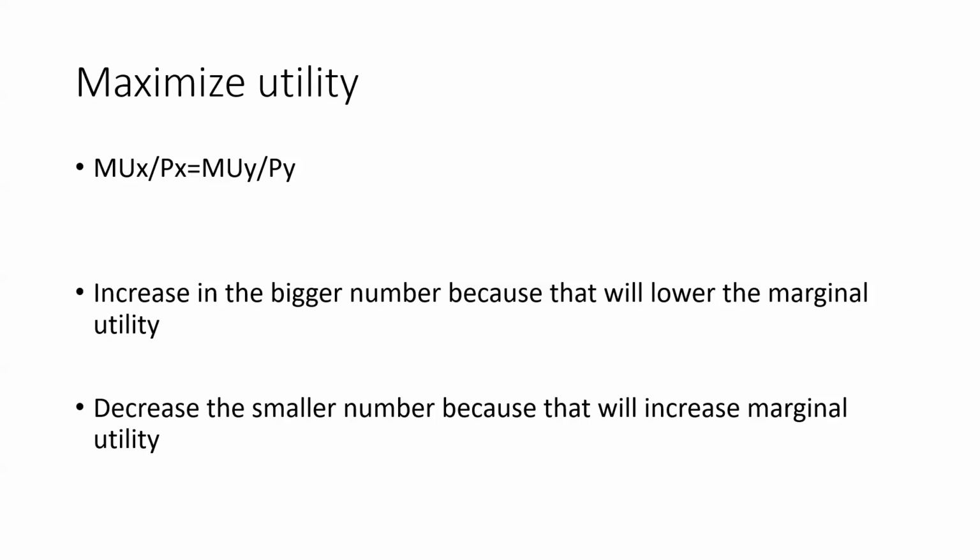If I decrease the amount of pie I eat, my marginal utility goes up, and eventually they'll meet. At most, there's one question on this, because I redid the test, so I don't remember exactly. What if they're equal? Then you leave it alone, because then it's perfect. It's at equilibrium. All right, any questions on anything?